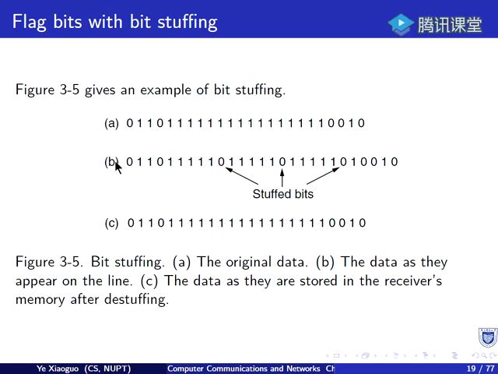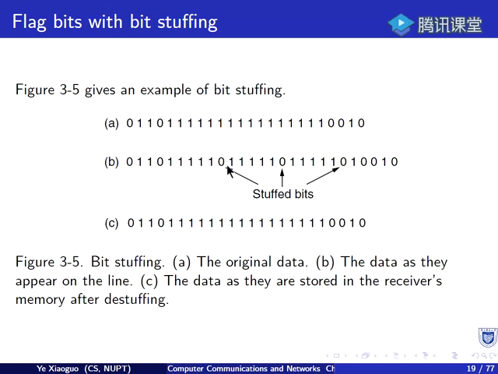On the sender's machine, scan the bit stream. If 5 consecutive ones occur, then a 0 bit is stuffed here.